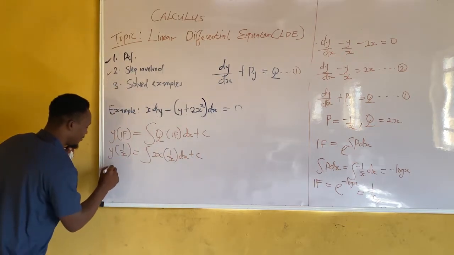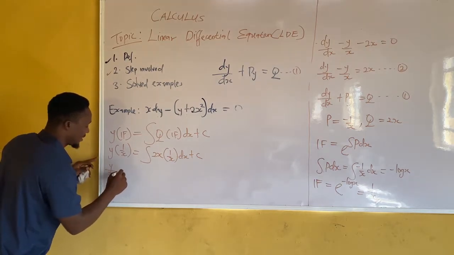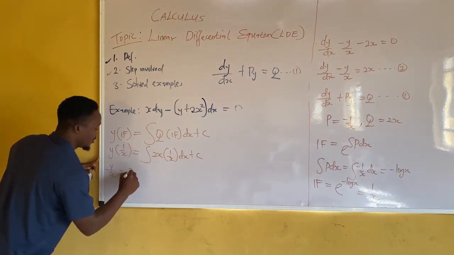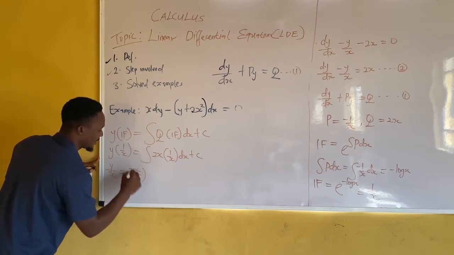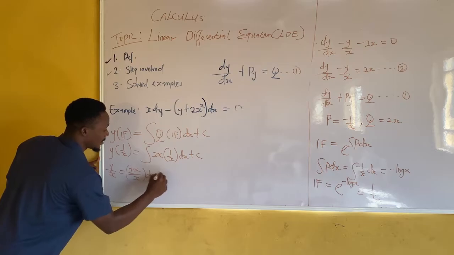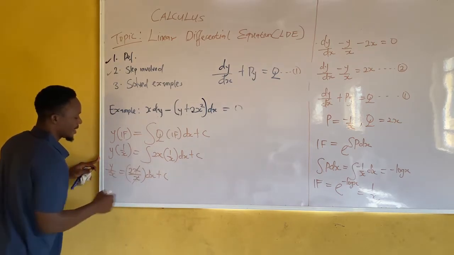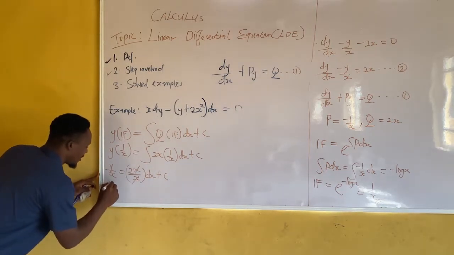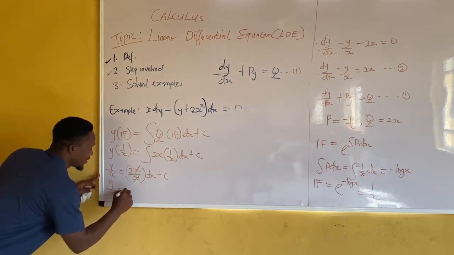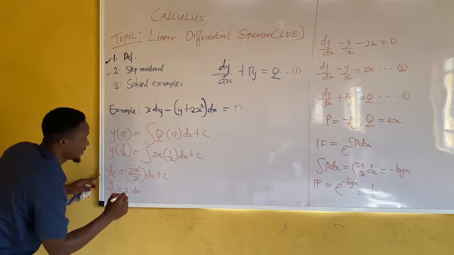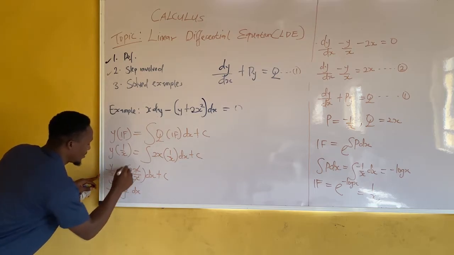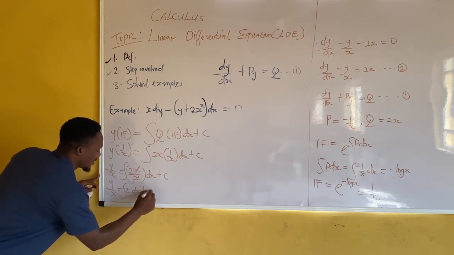Now, we are going to have y over x is equal to 2x over x dx plus c. So x and x will cancel. We are going to have y over x is equal to integral of 2 dx plus c.